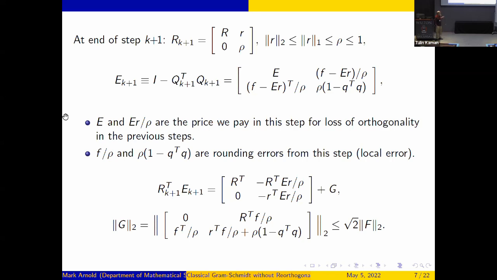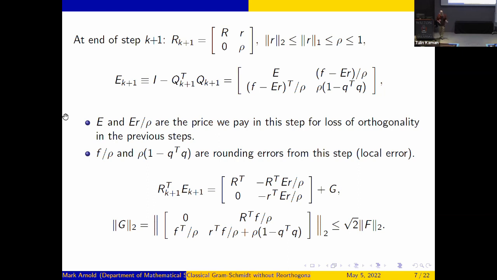So I'm just taking this matrix R k plus 1 transpose times this, and it has this triangular structure based on the errors from the orthogonality of Q. And then I'm just ignoring this piece for right now. I'm calling it local error. But again, this G corresponds to these guys here, and they're just giving us the rounding errors that we made in the current step.